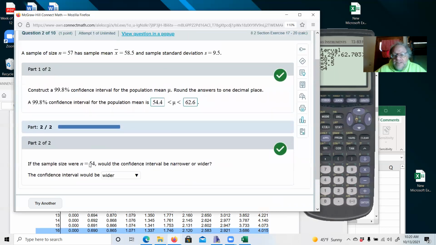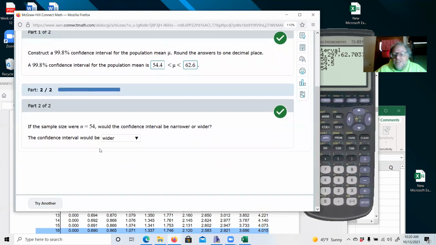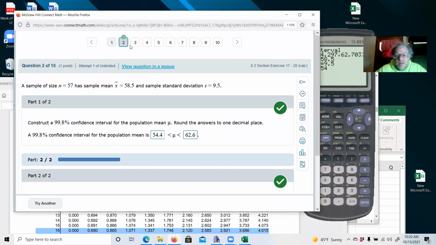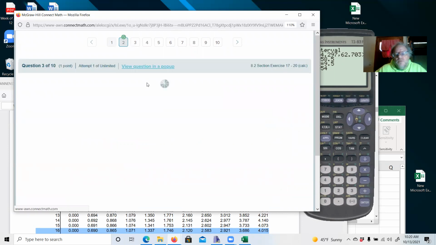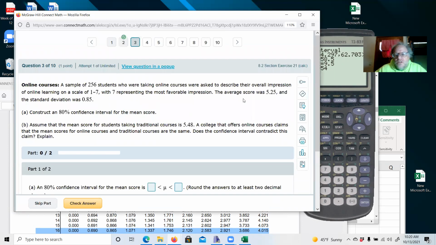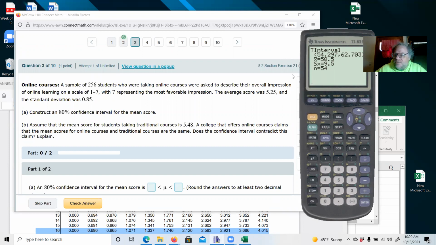But it is good to get an idea of what's going to happen, because you're always going to be calculating these with a calculator. The idea is, what if this changed? Would you be able to think your way through the answer?